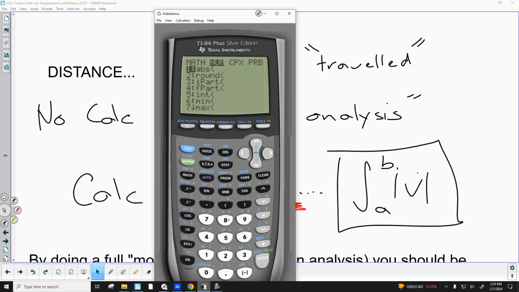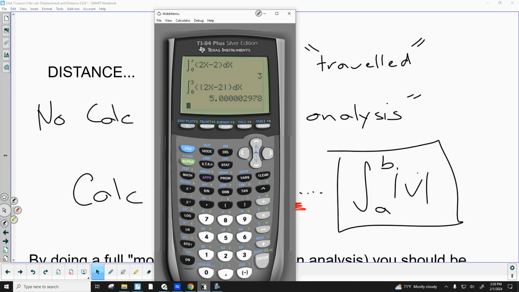Do it in your calculator. Math, num, abs, you go to the right. Now, this is inside your integral, not outside: absolute value of 2x plus 2x minus 2. I should get the answer 5.